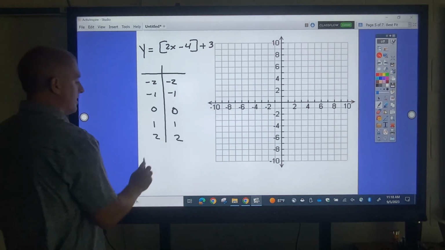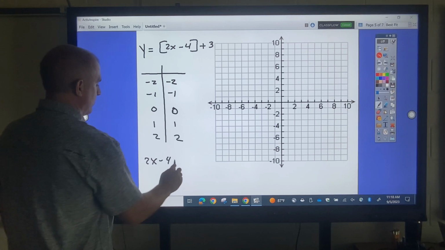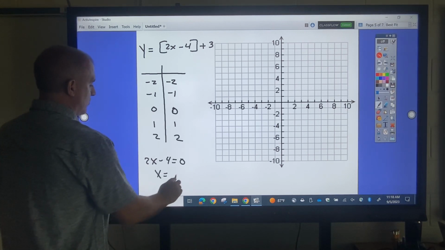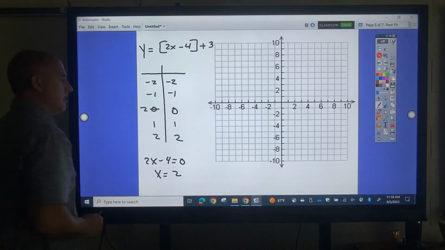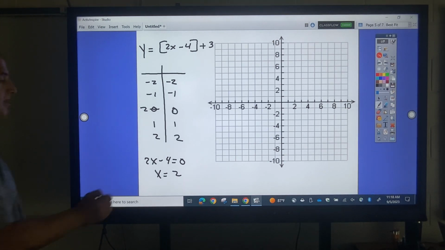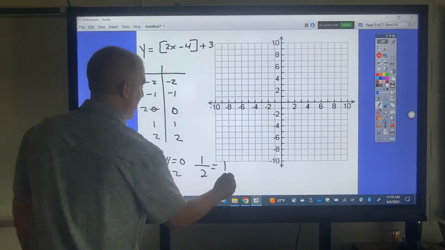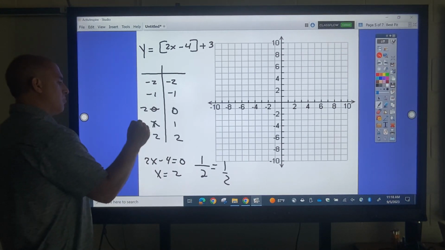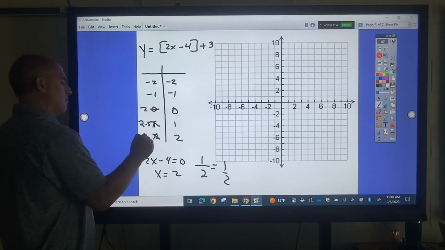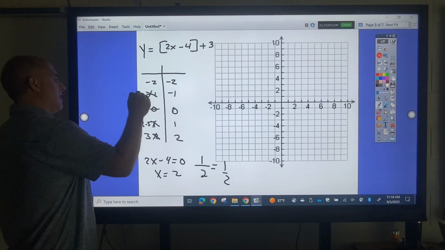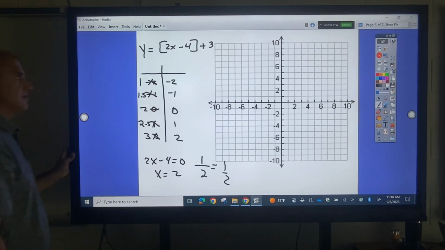Okay, so if I solve the inside, 2x minus 4 equals 0. That'd be x equals 2 as a solution. Now, when you get to the interval though, I have to divide 1 by the number in front of x, which is 2, so it's a half. So this is going to be 2.5, this would be 3, this would be 1.5, and this would be 1, okay?